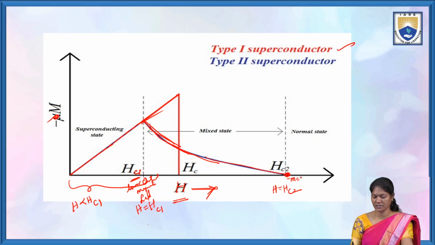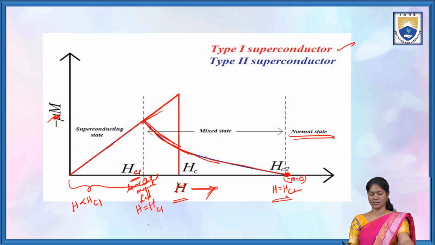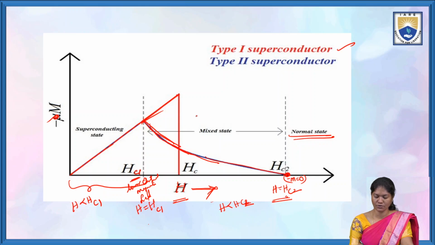So here minus M is equal to 0 at H equal to Hc2, so it allows the magnetic lines to pass through and converts into the normal state. Before that, up to Hc2, it is in the mixed state.